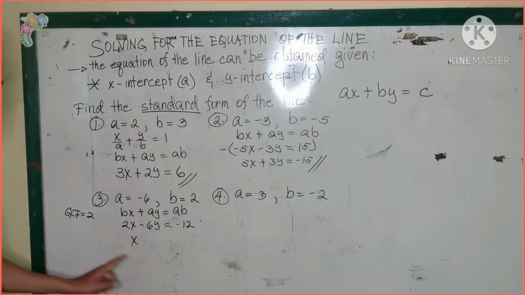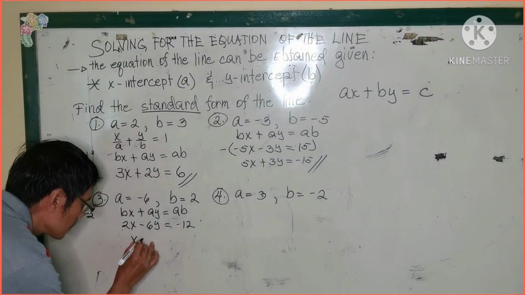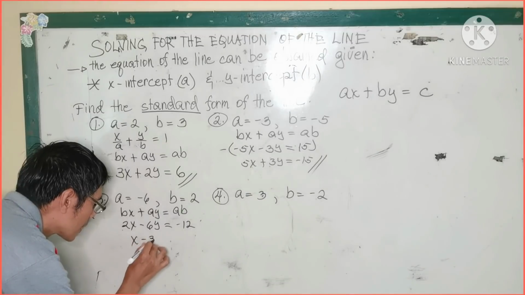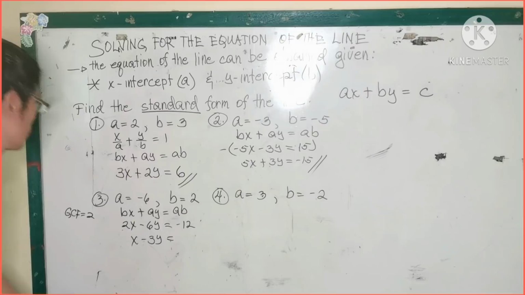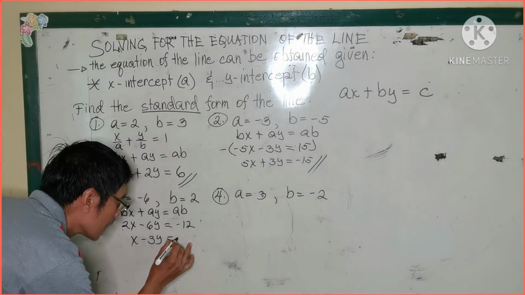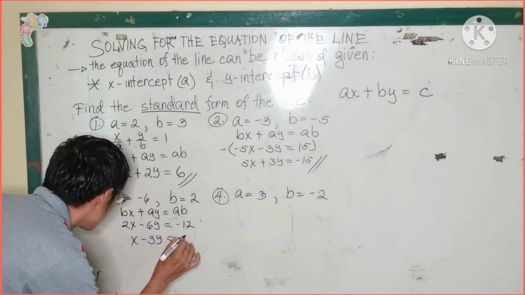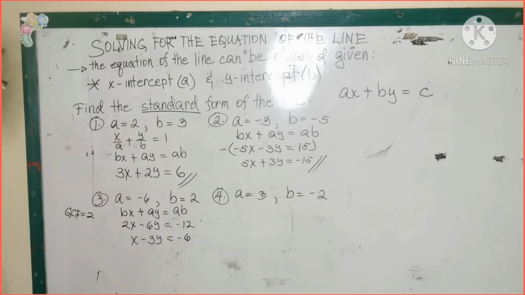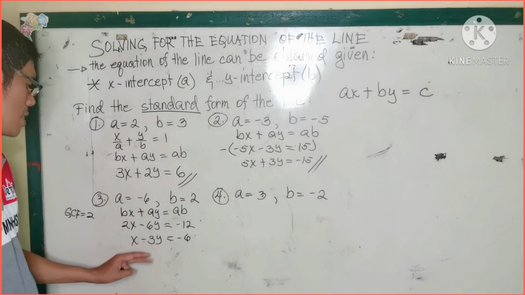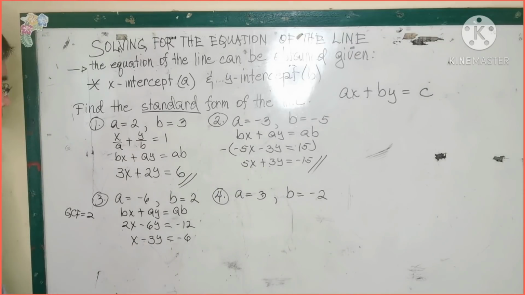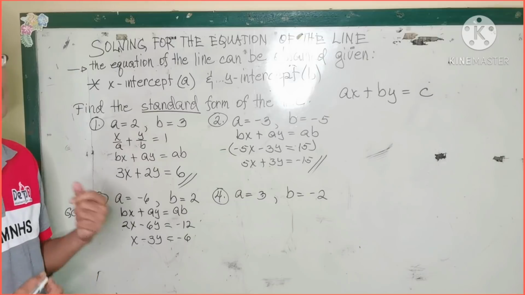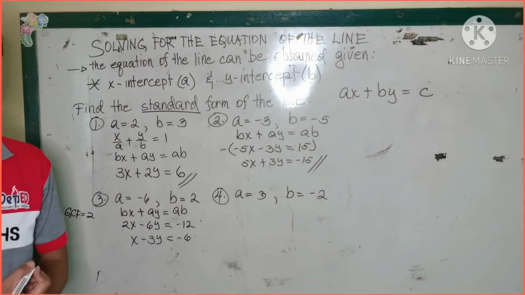Then negative 6y divided by 2, negative 3y equals negative 12 divided by 2, that is negative 6. So the final answer should be x minus 3y equals negative 6. So you have to simplify also your answer. Yeah?